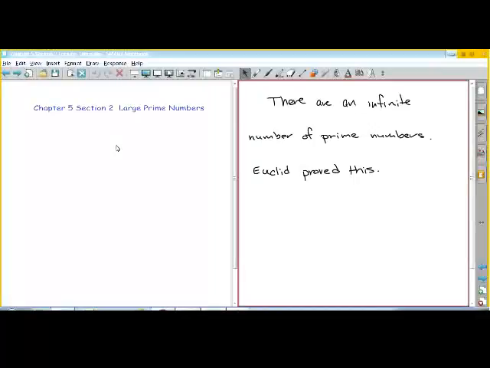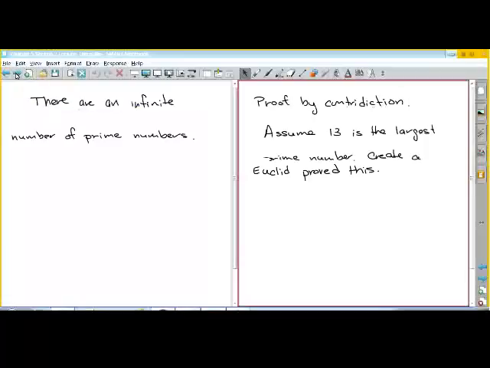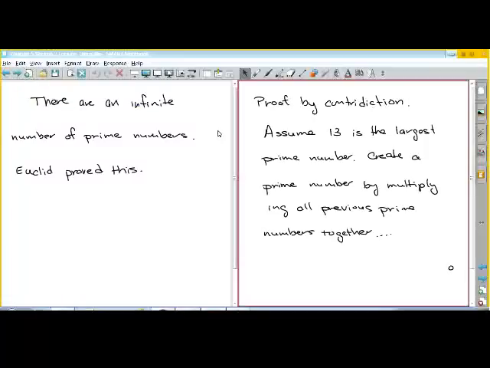So anyway, there are an infinite number of prime numbers. And even back in the Greek times, they proved that this was true. That there was always one prime number larger than the largest one you had figured out at the time. And what you do is you prove by contradiction. So you use an example to prove how you get the next larger prime number.